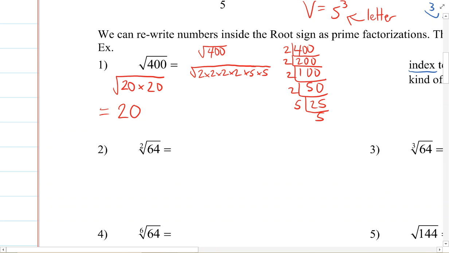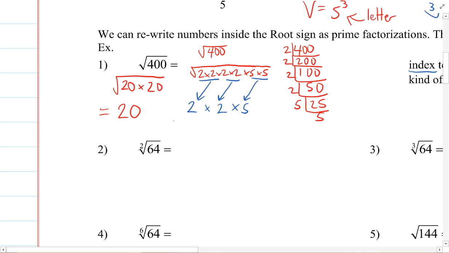Okay, so now what we're looking for is pairs of numbers. Here is a pair of 2s, so we can take out a single value of 2. Here's another pair, so we can take out a single value. Now on the inside it's multiplication, so when we take them out, it's also multiplication. There's a pair of 5s, so we can take out a single value of 5.